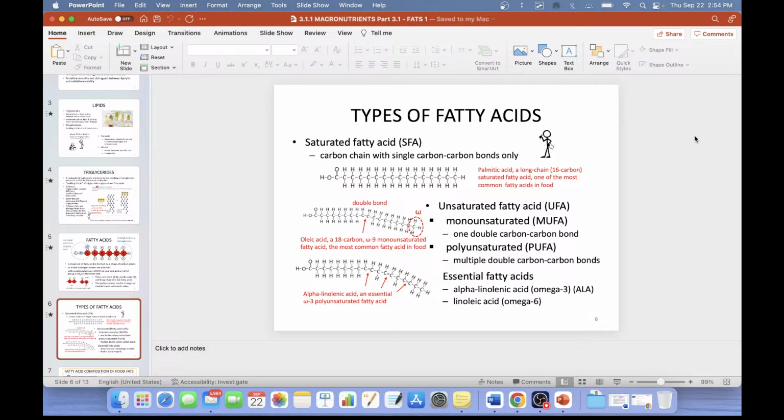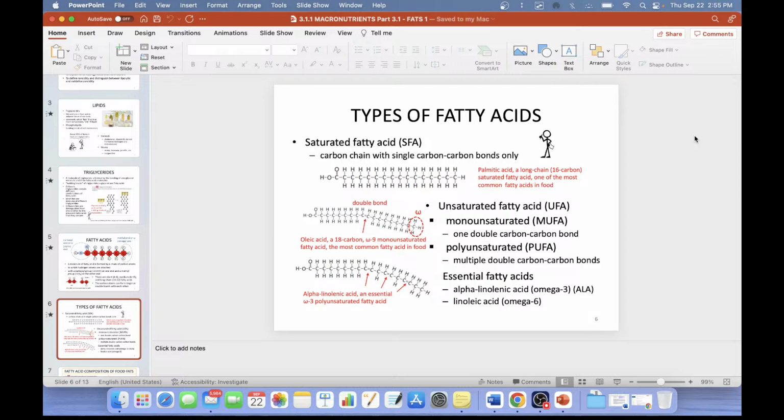As far as I understand, the body has a limited capacity of producing omega-6s from omega-3s. So strictly speaking, only the omega-3s are essential. But since the capacity of making omega-6s is limited, they are not very efficiently produced by our body, and the body needs omega-3s to make omega-6s.